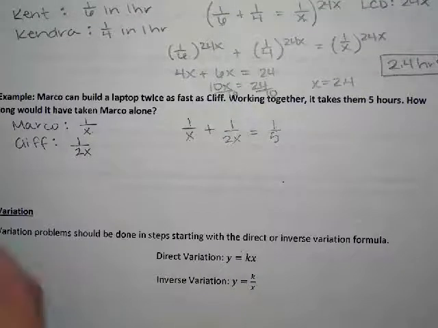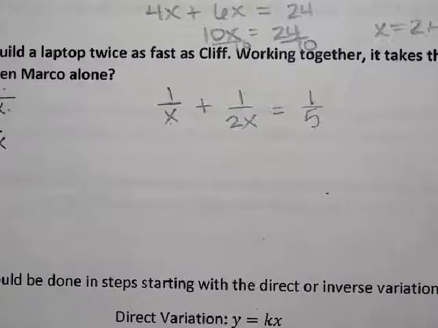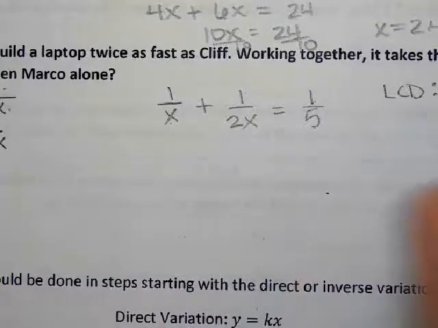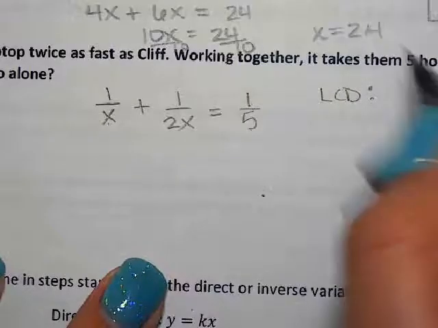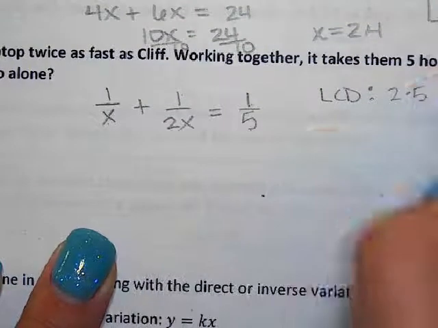What do we do to solve this equation? Find the least common denominator, which is 10x. We need a 2, we need a 5, and we need an x.